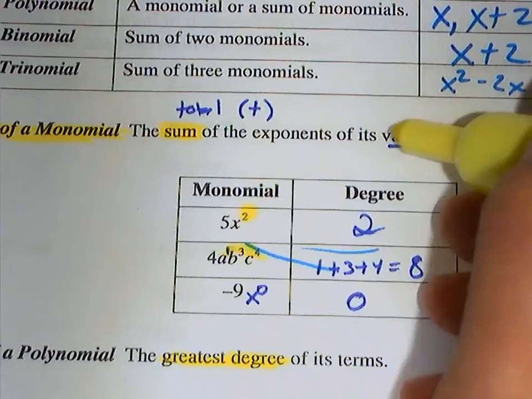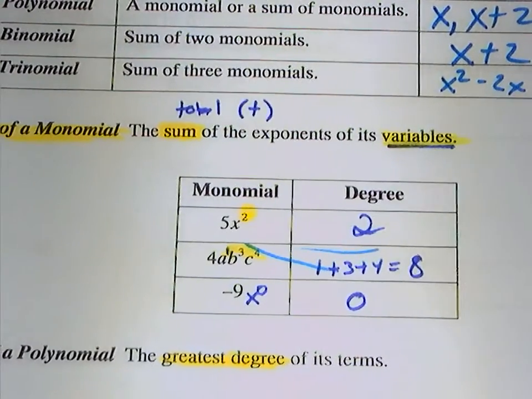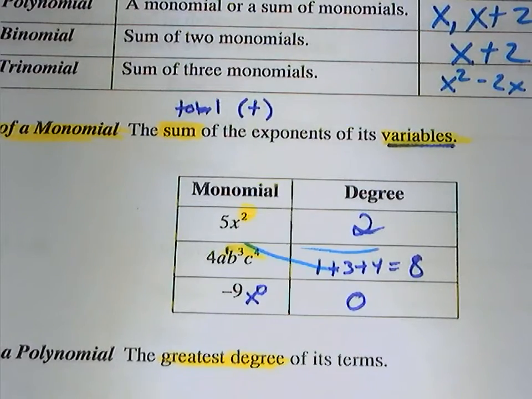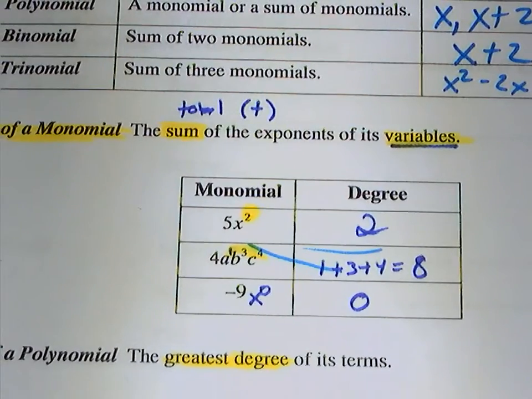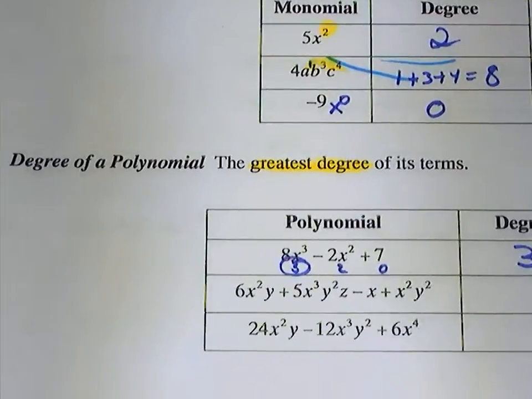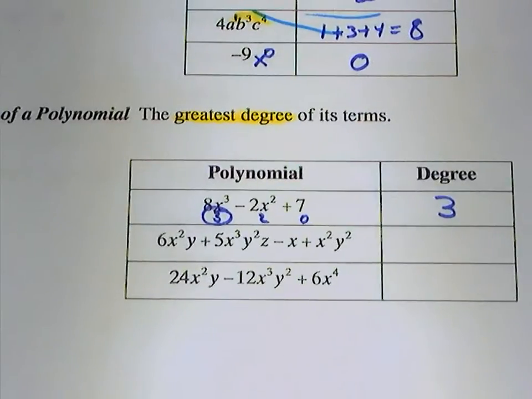So that's a great question. So do not include the exponents of the numbers in front. Okay, just the x's, y's, z's, a's, b's. Okay, great question. All right, any questions there? So you look at each term individually, find its degree, and then the largest one is your final answer.